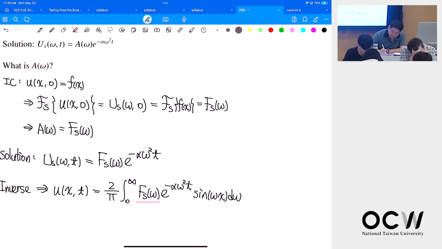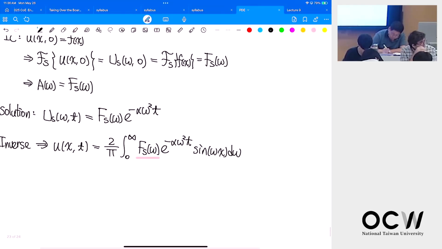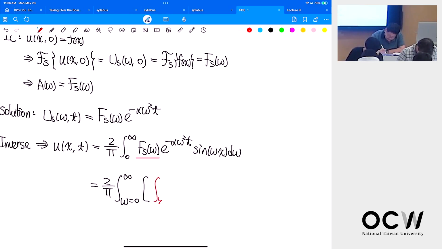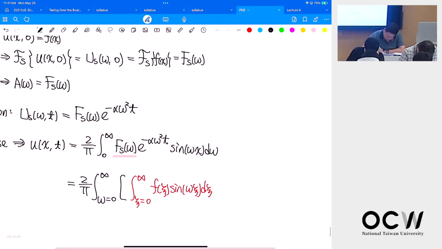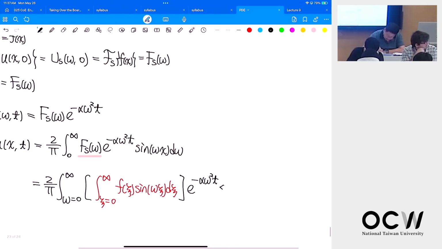For this Fourier sine transform, we can write, omega is from 0 to infinity, and then the Fourier sine transform is the integral from c equals 0 to infinity of f of c sine omega c dc, times e to the power minus alpha omega squared t and sine omega x d omega.